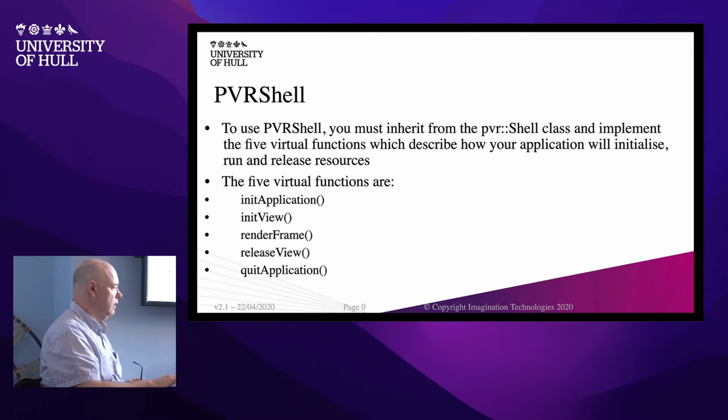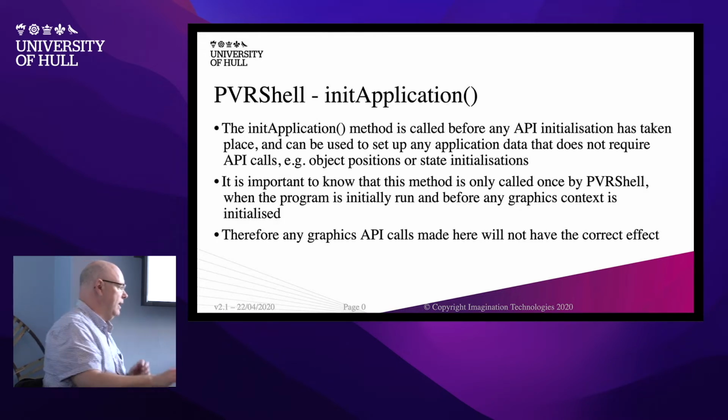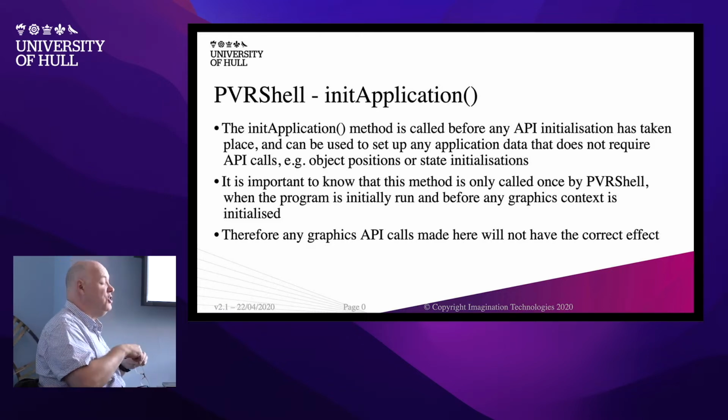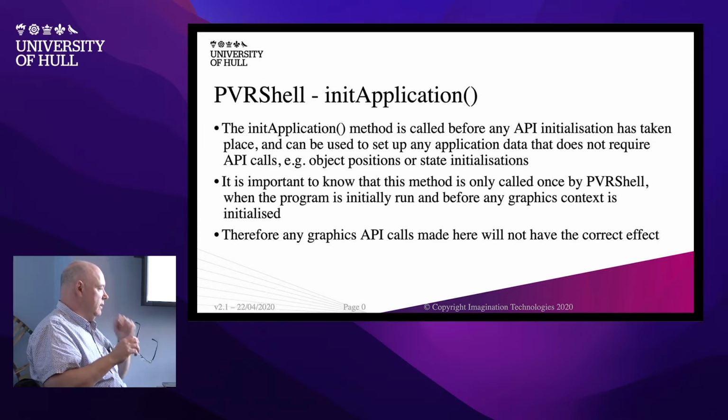Okay. So the init application. This is where you would potentially want to create and put any general C++ initialization code in. Now, you don't necessarily have a graphics context at this point.